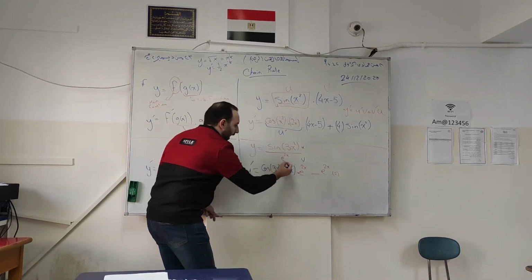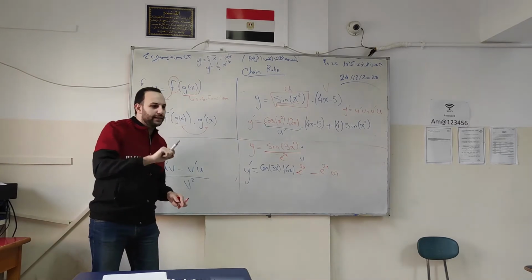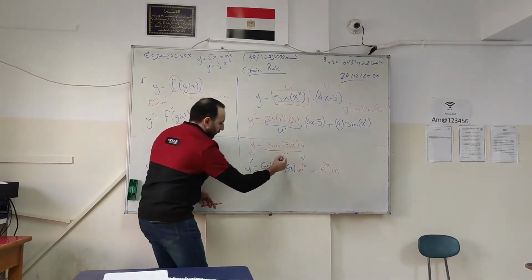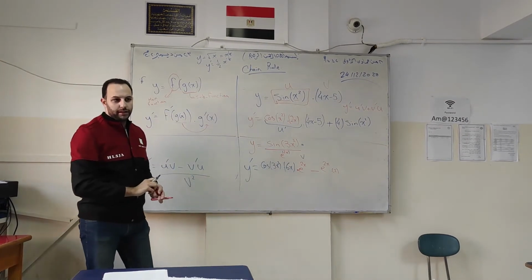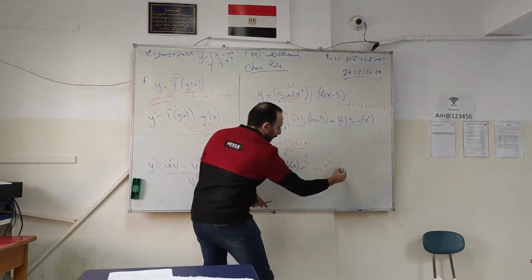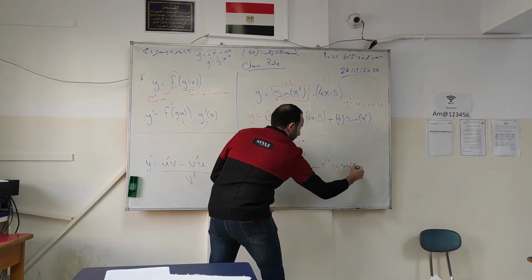Because also I have here a chain rule with 2x as the sub-function. Again, I have a function here inside the e. So this is the sub-function. The derivative, yes, and then after this times sine 3x squared.